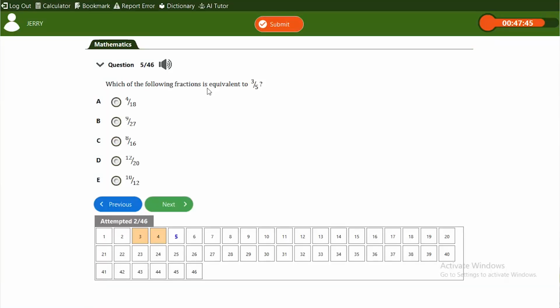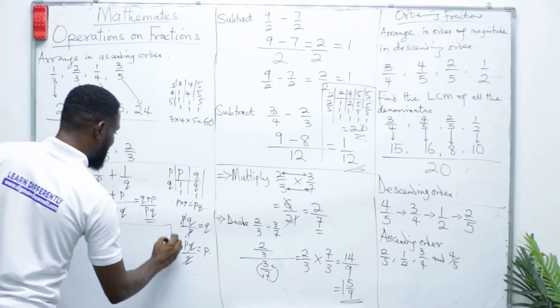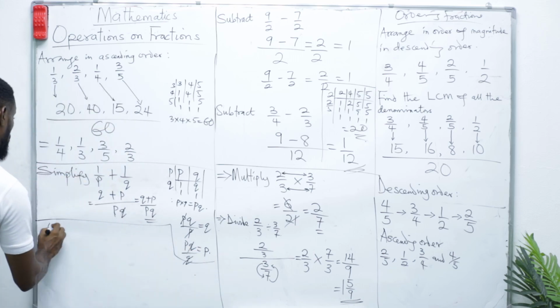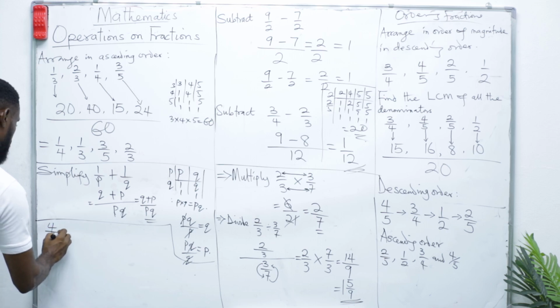You go to 9 over 27. Well, it is possible only if you simplify it. Now let's look at 9 over 27. Or even, let's look at that 4 over 18. 2 here is 2, 2 here is 9.